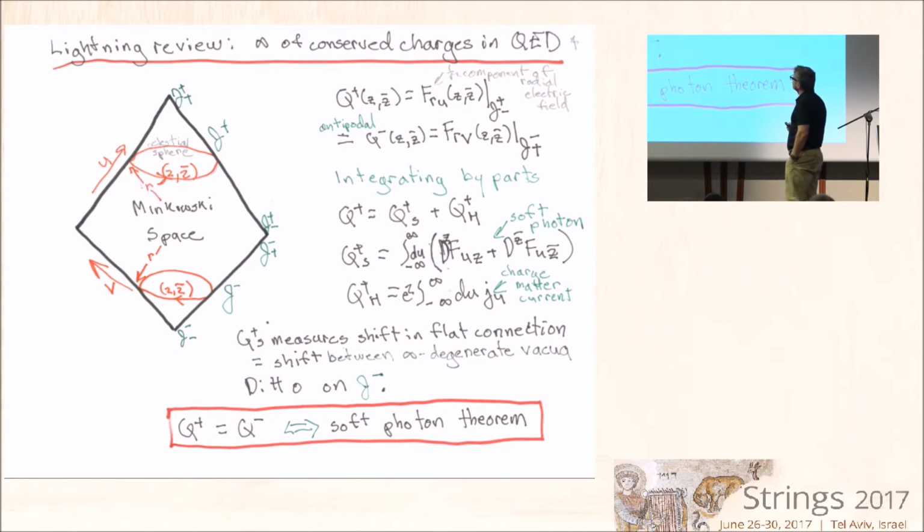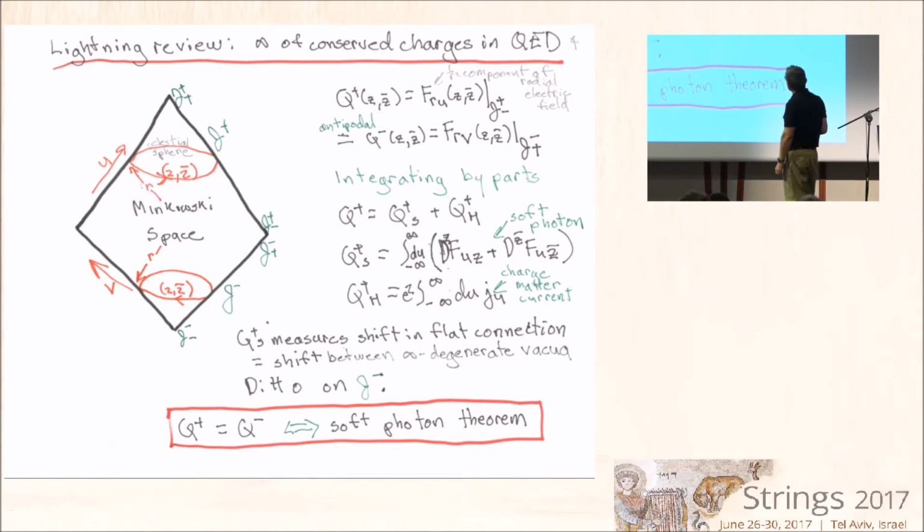Throughout this talk, for simplicity, I'm going to assume that there are only massless particles, so that nothing goes up to future timelike infinity. Everything comes out here. It all has a very pretty generalization to theories with massive particles, but I won't have enough time to discuss that.